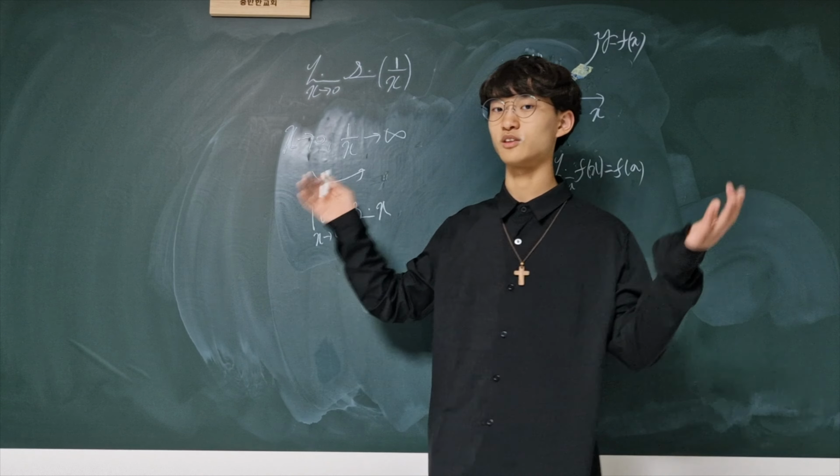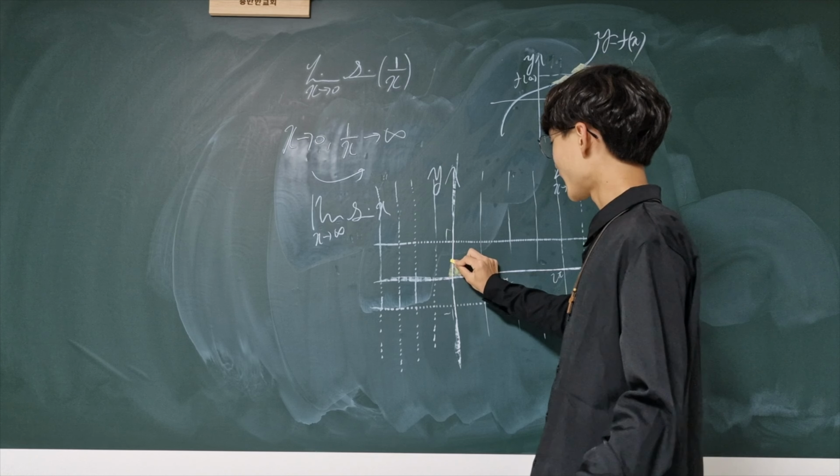Now I will briefly explain this. Let's say there is a long sine graph. We usually only draw these four parts when solving problems, but to demonstrate the limits, the graph looks like this.